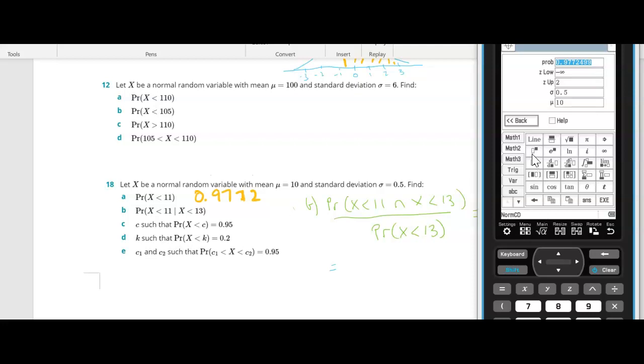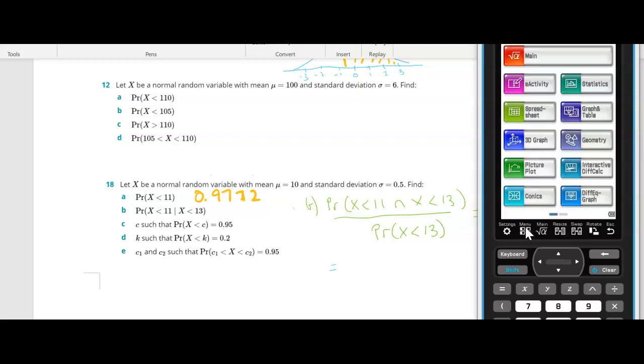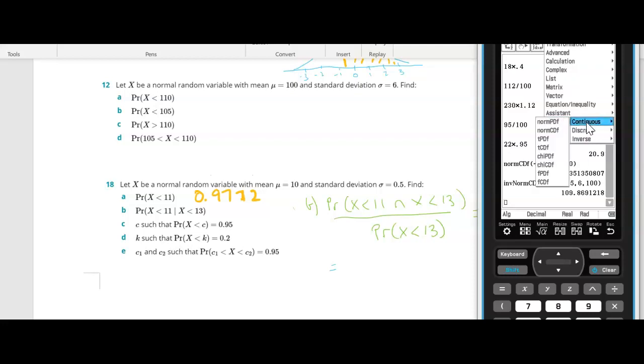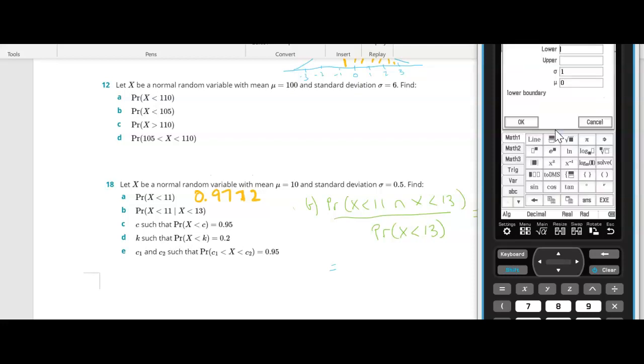So x is less than 11. Let's do this one on the main screen. We're going interactive distribution and continuous normal CDF. Our lower limit, this time we're doing less than 11, so we want negative infinity to 11.